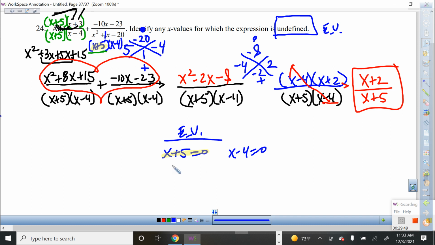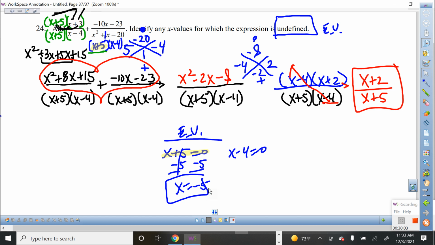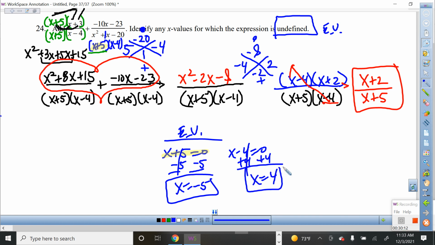So, minus 5 minus 5, x equals negative 5. Plus 4, x equals 4, and those are my excluded values.